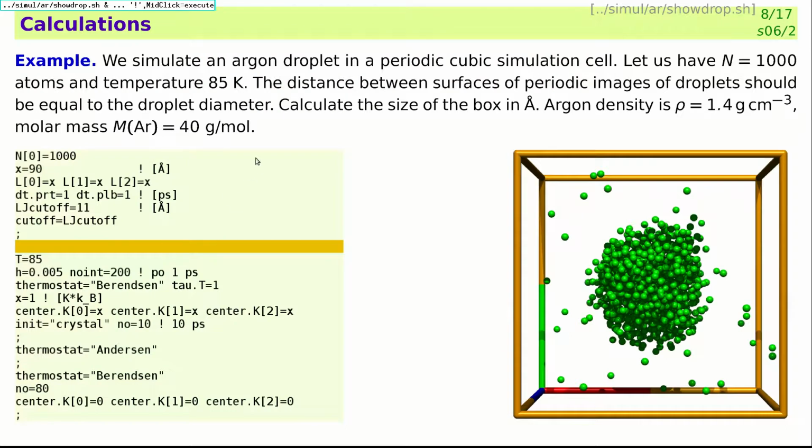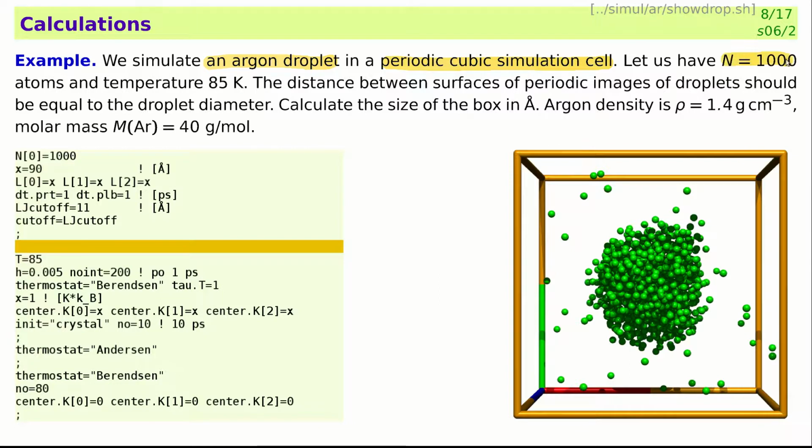But if you start any simulation, you must know how big the simulation box will be. Of course, often the simulation package can calculate a lot of stuff for you, but not everything. So let's simulate a droplet of argon in a periodic cubic simulation cell like this.